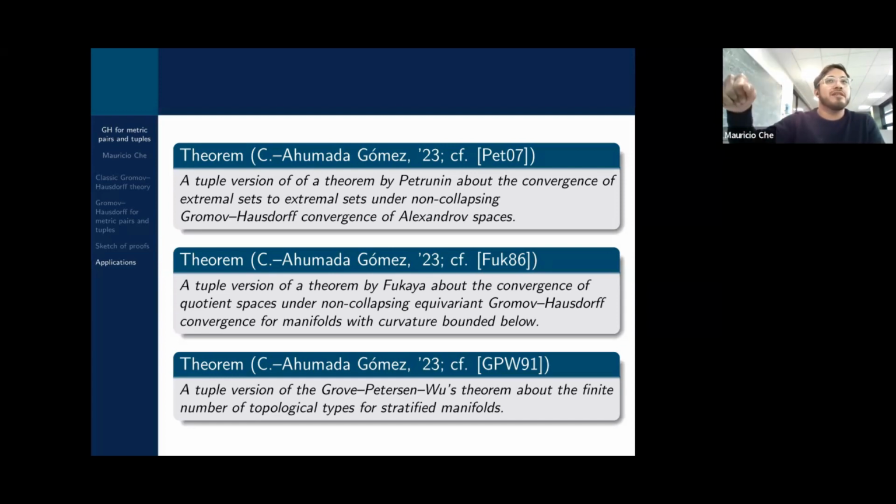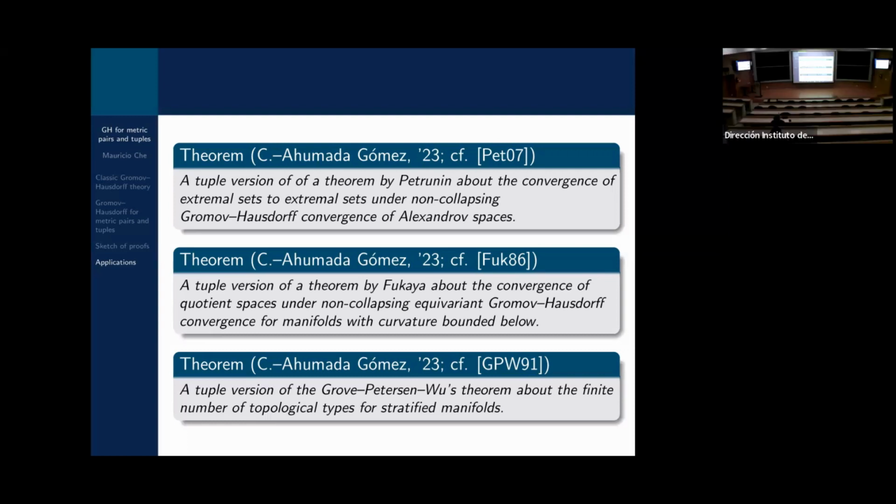And then we use that in order to send sets of the same orbit type to sets of the same orbit type in the limit. It's not really something very deep because we are using the equivariant version of the stability theorem, which is work by John Harvey. Yeah. Okay, thanks.